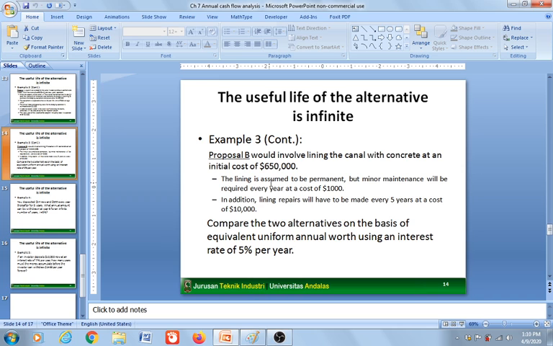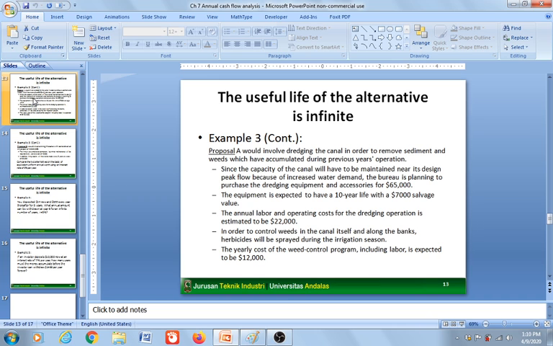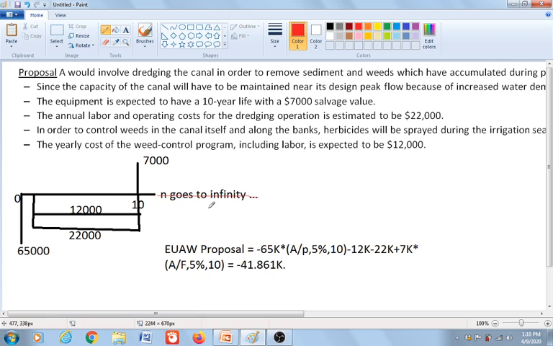But for proposal A, it is not permanent. Sorry for my mistake. For proposal A, n does not go to infinity. So this is the result for proposal A.